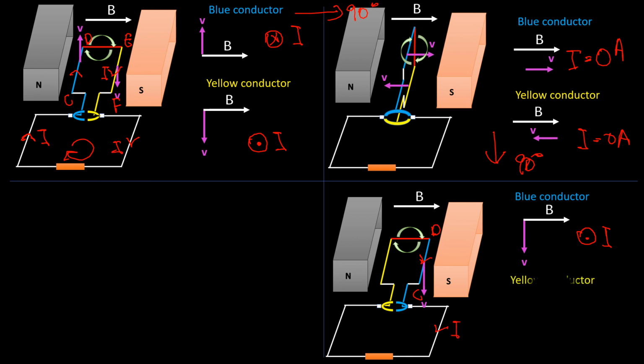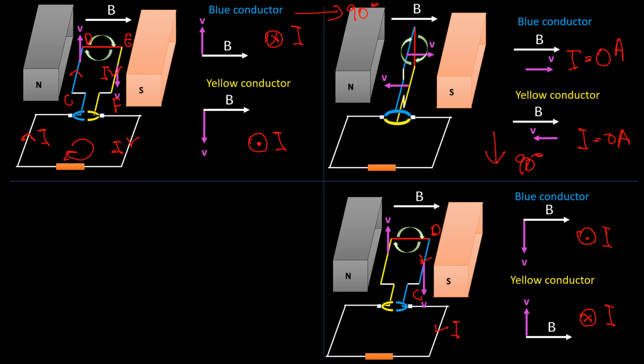Well, for your yellow conductor, it will experience a motion which is upwards. So you have V pointed upwards and B pointed to the right. So in this case, we know that I is flowing into the page, which you can determine by using the right hand grip rule or Fleming's right hand rule.